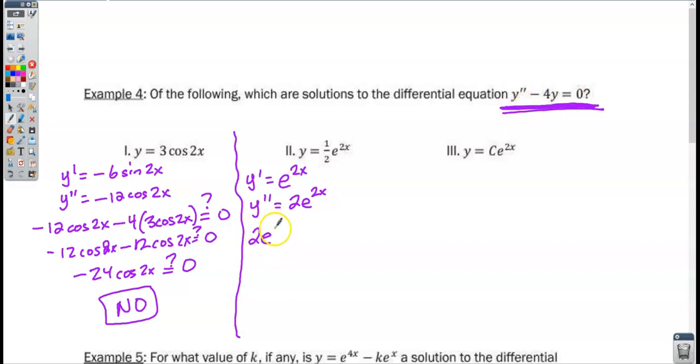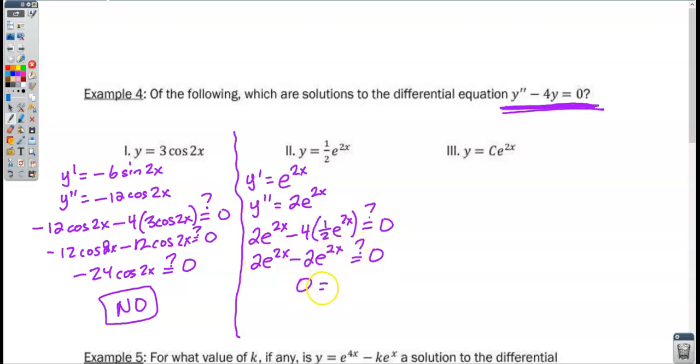So we put 2e to the 2x in for y double prime and 1/2 e to the 2x. And we're wondering, is that equal to 0? Doing the algebraic manipulation here, bada boom, bada bing, we get 0 equals 0. And so yes, this is a solution to the differential equation.